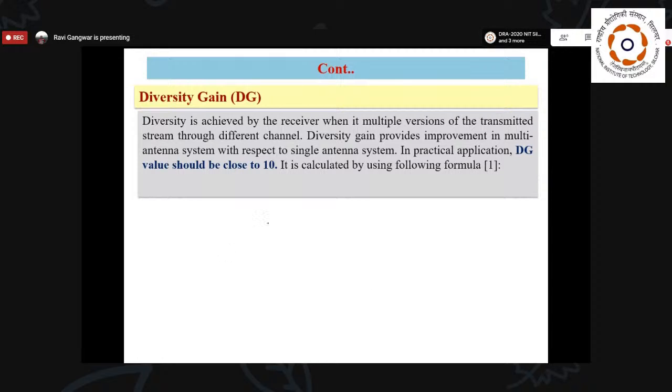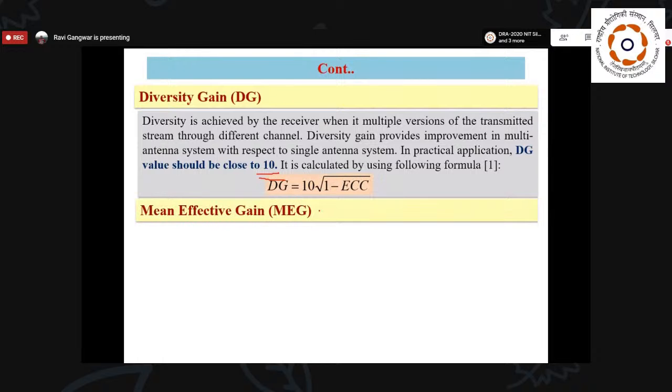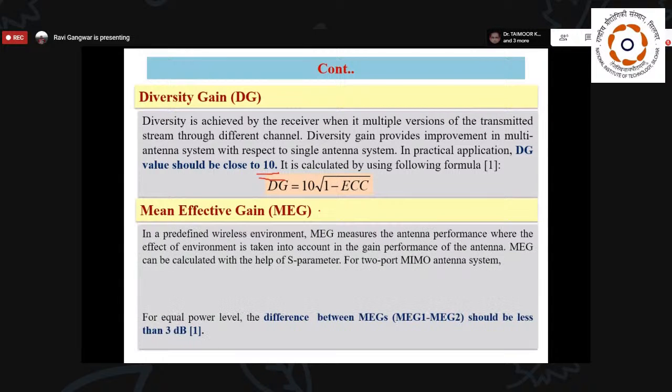So here we can say that the diversity gain provides the improvement in a multi-antenna system with respect to a single antenna system. We can calculate this diversity gain from the values of the envelope correlation coefficient, and in practice a value close to 10 is considered best optimization or best performance. Now we have the mean effective gain.